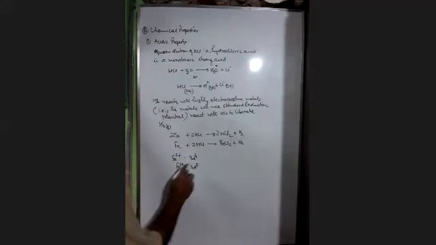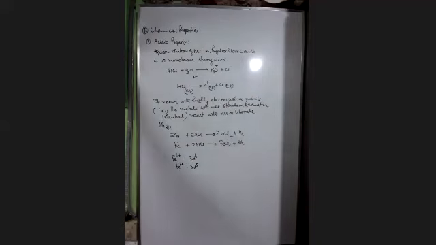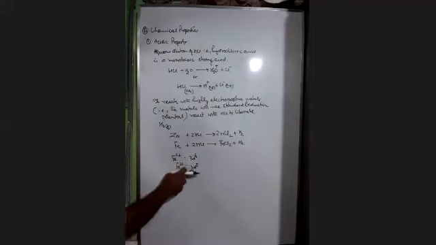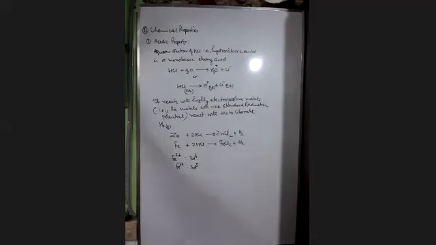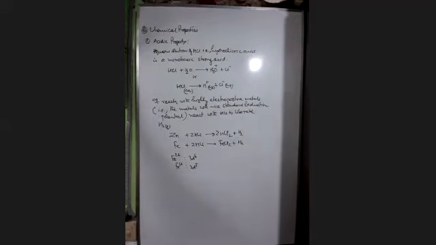When I go to transition metals, then you'll understand. Now between this 3d6 and 3d5, which is more stable? What is the maximum number of electrons you can find in d orbitals?